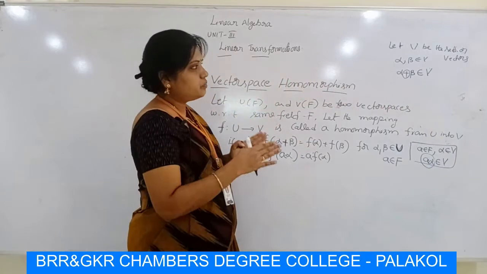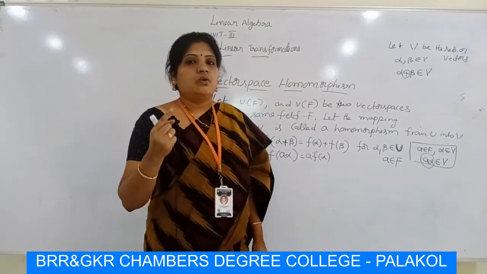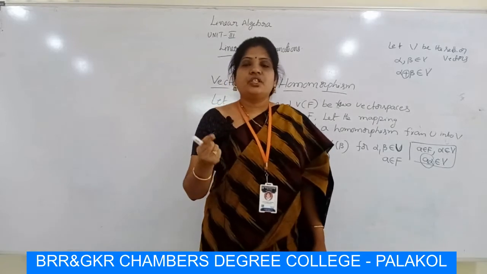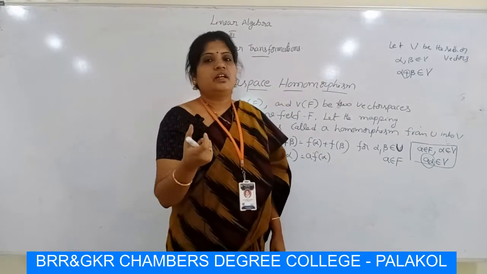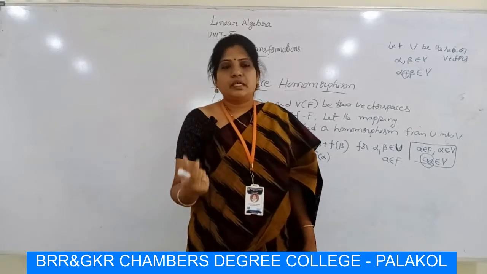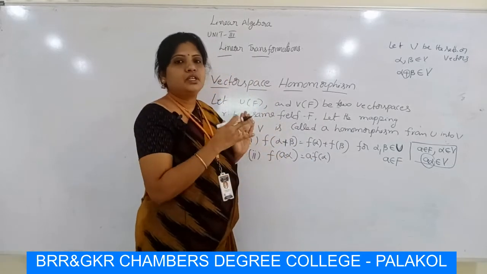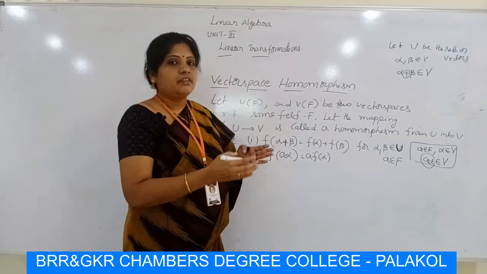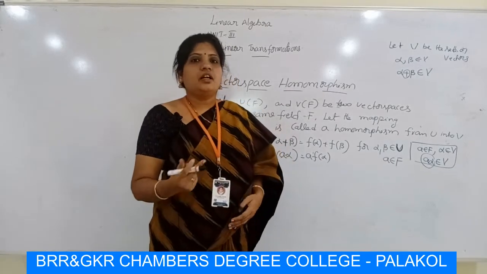So in the vector space definition, we define two compositions: one is external composition and the other is internal composition. Internal composition is the addition of vectors and external composition is scalar multiplication. Vector space homomorphism is also defined with respect to internal and external composition.